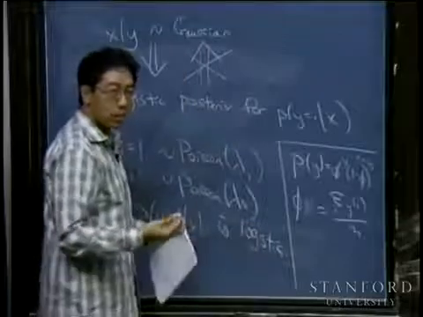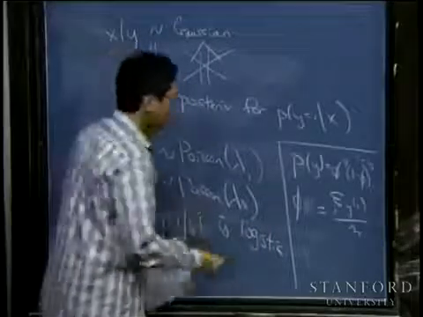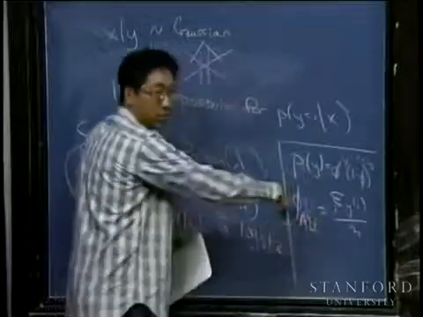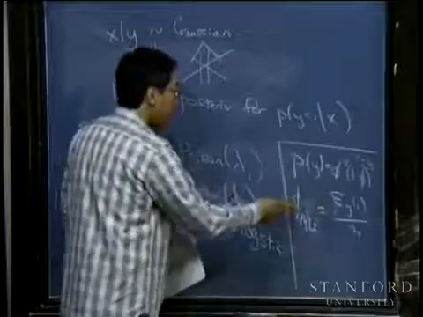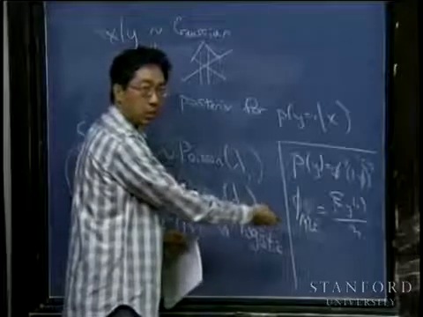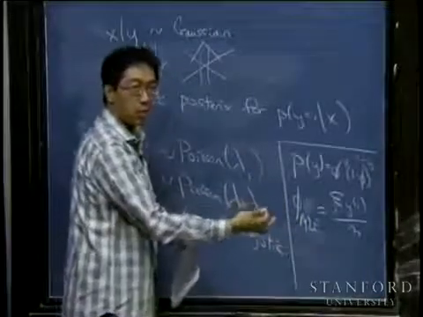One is a true underlying value of phi that, you know, God used to generate the data. And then there's the maximum likelihood estimate of the value of phi. The formulas I was writing earlier for phi, mu0, and mu1 were really the maximum likelihood estimates, and that's different from the true underlying values of phi, mu0, and mu1.